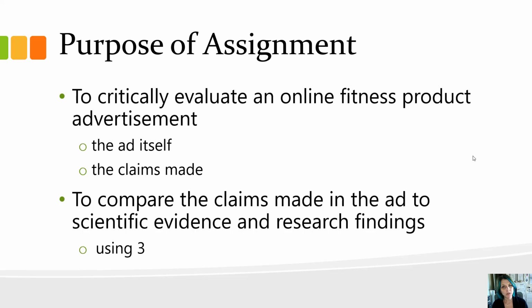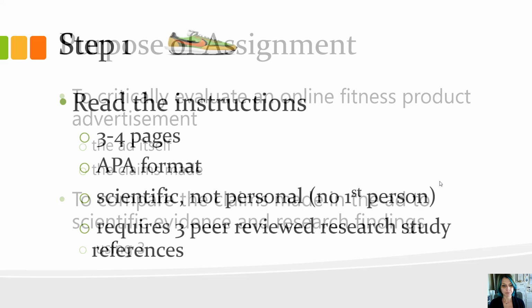But we like to use the word evidence instead of proof. So it'll serve as a scientific justification or evidence to either support or not support the claims that the product is making through their advertisement. Okay, that's what you're going to be doing for this assignment. That is the sole purpose of this assignment.